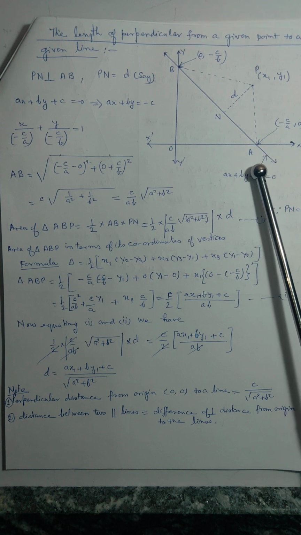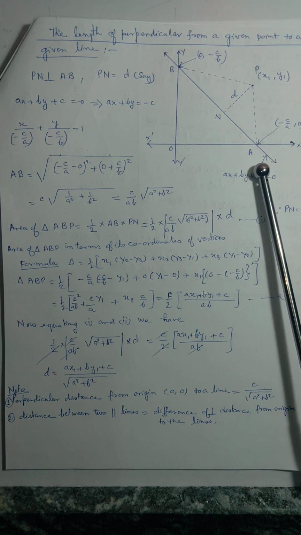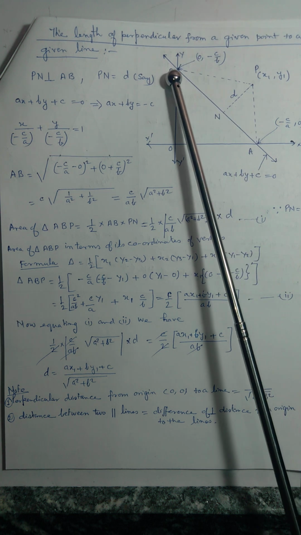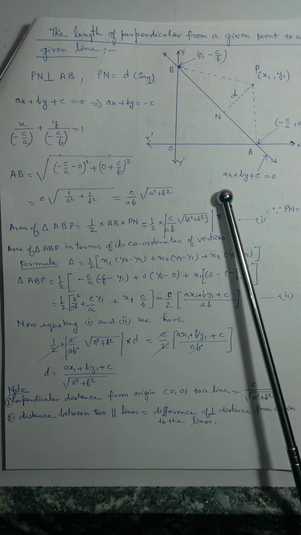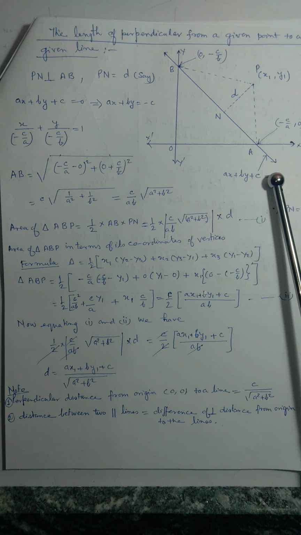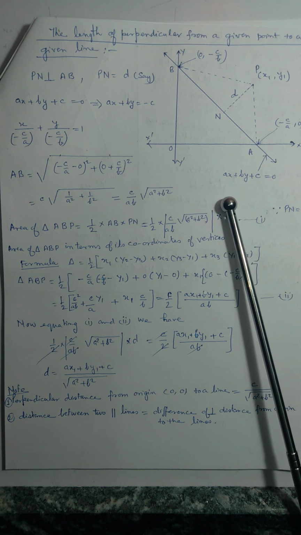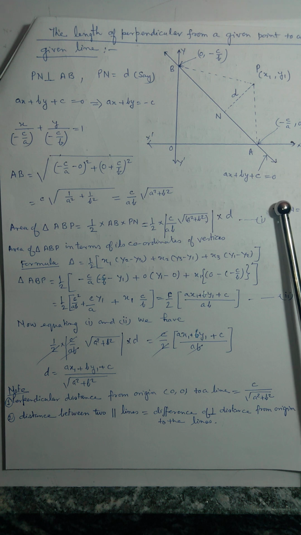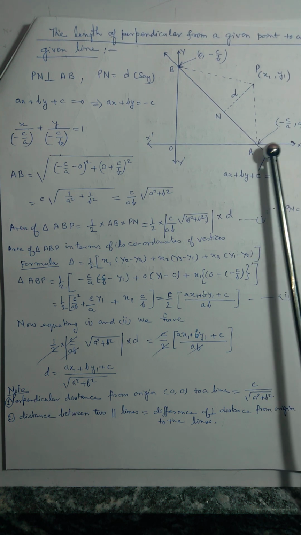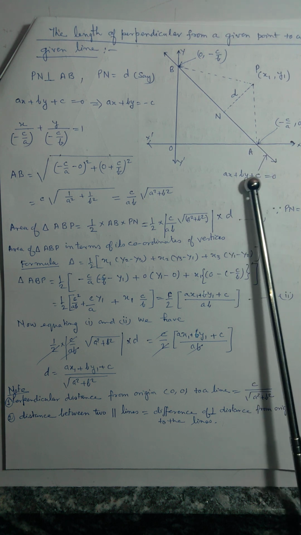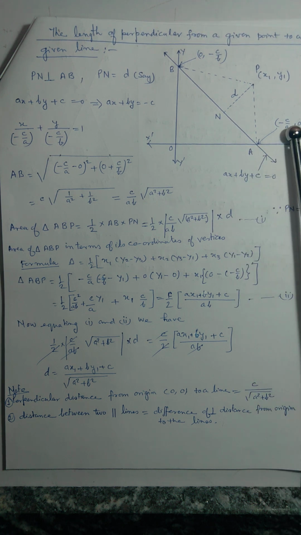So what will be the coordinate of A and what will be the coordinate of the point B? First of all, the equation of the line is ax plus by plus c equal to 0. If you put y equal to 0, you can find the value of x, that will be minus c by a comma 0.